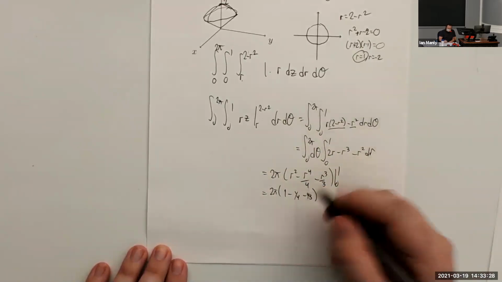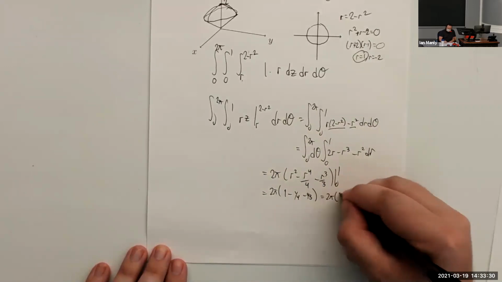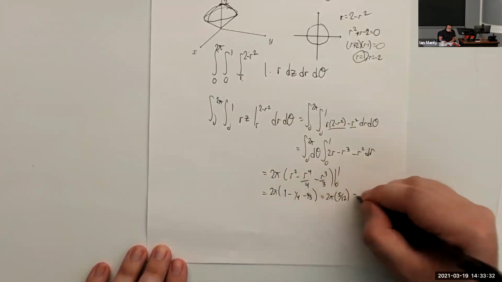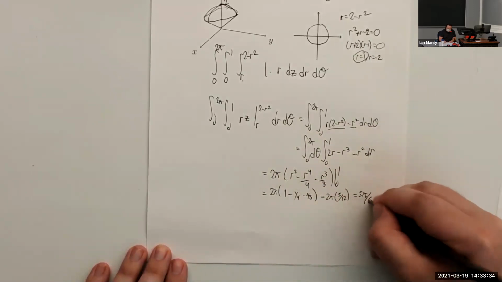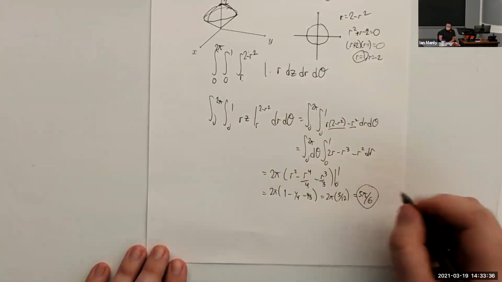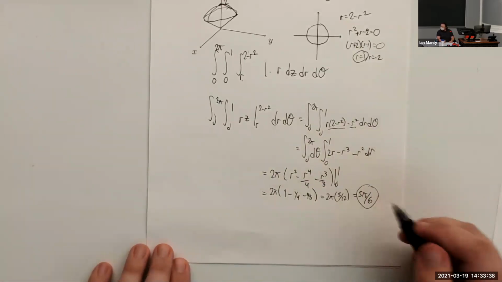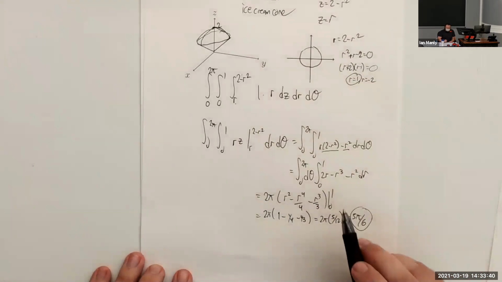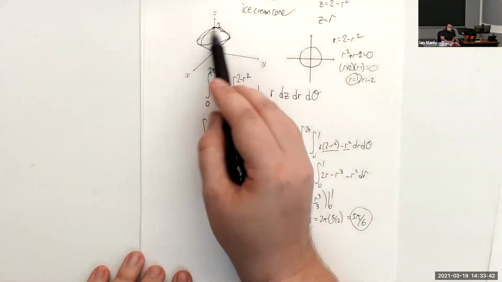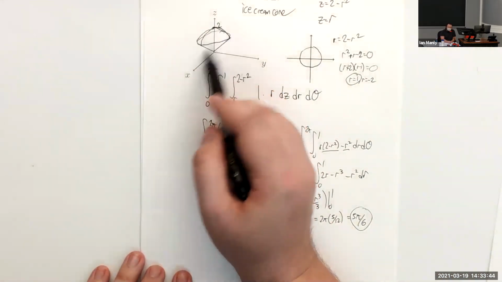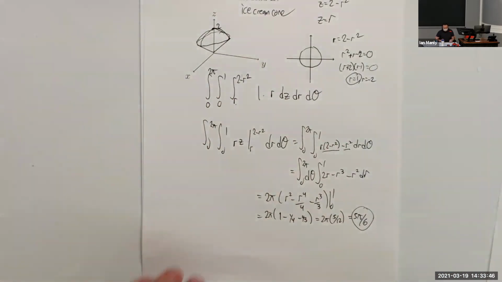Let's see, I think this fraction in here will be 5/12. So we end up with 5 pi over 6 as our volume right here. That's how we actually do this problem. Unfortunately, we can't just do a half sphere volume over a cone volume. It's a little bit more involved.